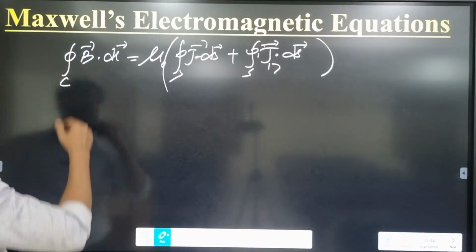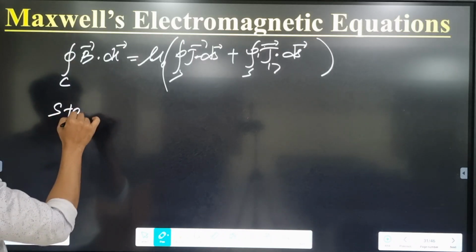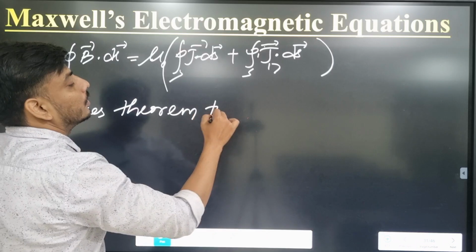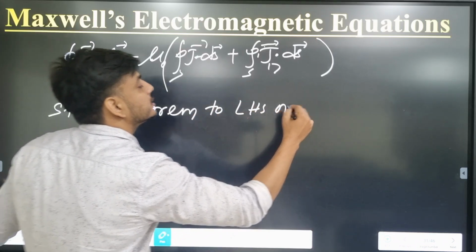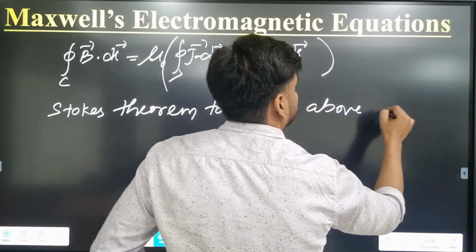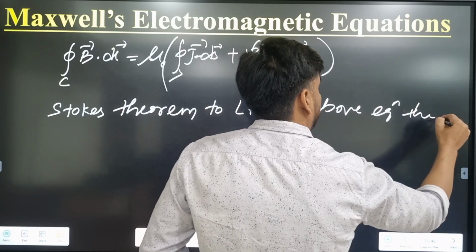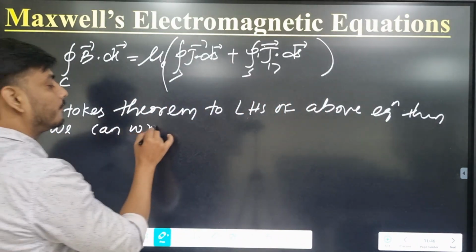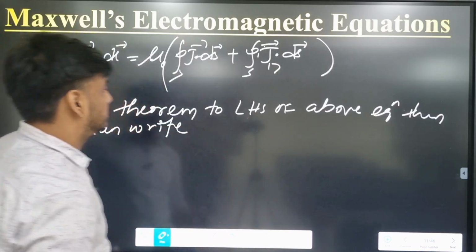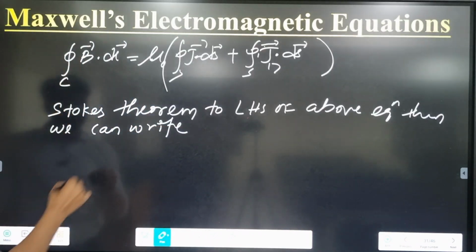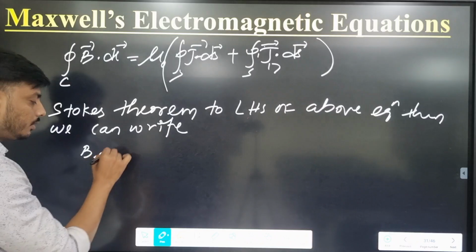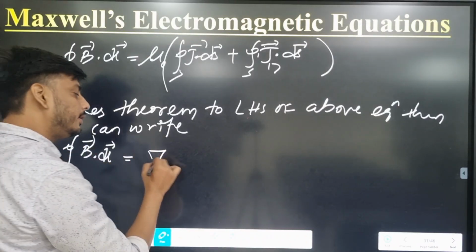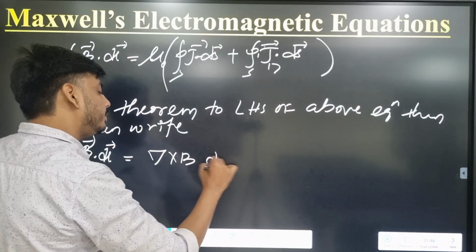If we use Stokes theorem on the LHS of the above equation, then the LHS, B dot dl integrated over C, will be the integral over S of del cross B dot ds.